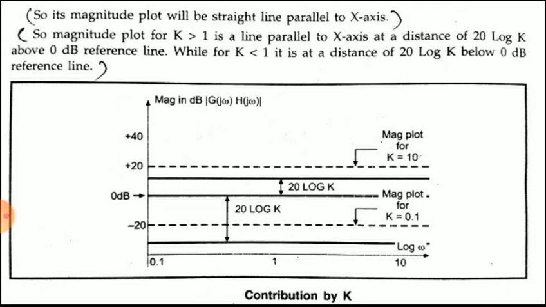Suppose for k greater than 1, the magnitude plot will be a line parallel to the x-axis at a distance of 20 log k above the 0 dB reference line. If the value of k is less than 1, then it is at a distance of 20 log k below the 0 dB reference line.